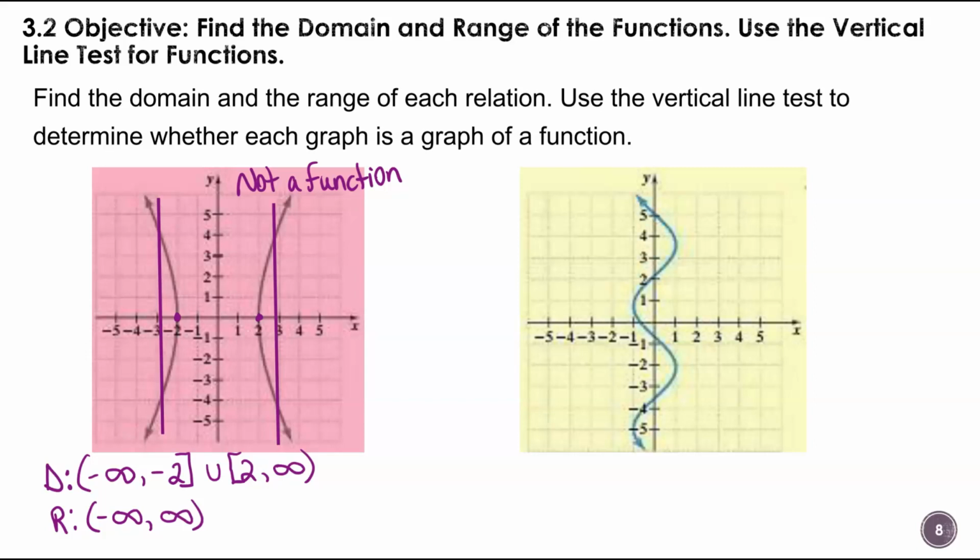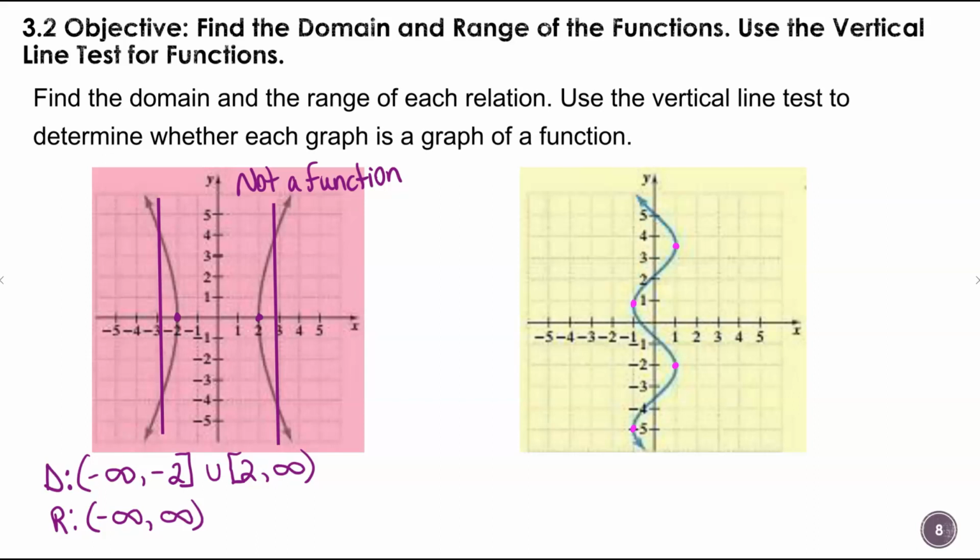All right, so let's look at the next graph. This graph is going to continue on in the same way. Notice that it's going from here to here. It's going back and forth from -1 to +1, -1, +1. And so we're going to look at that when we're talking about domain.